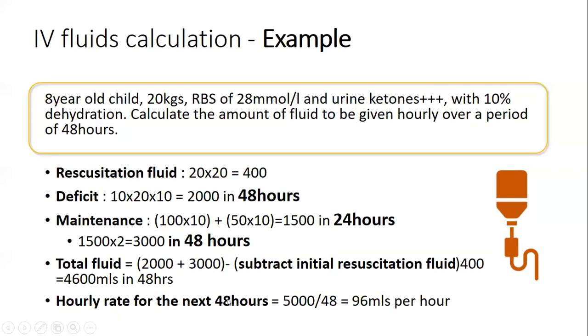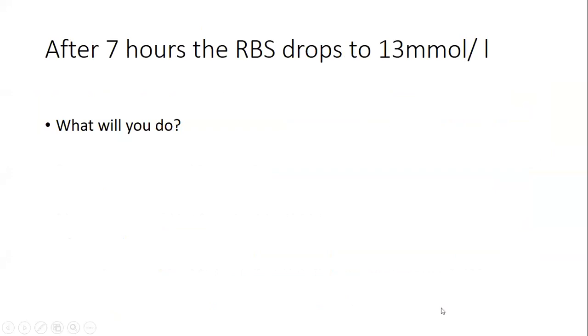Therefore, your hourly rate for the next 48 hours will be 4,600 divided by 48, which comes to 96 mLs per hour. And if you are using a Soluset, you are able to calculate in drops per minute. So this translates to 96 drops per minute. And if you are in a well-resourced center, you are supposed to use infusion pumps.